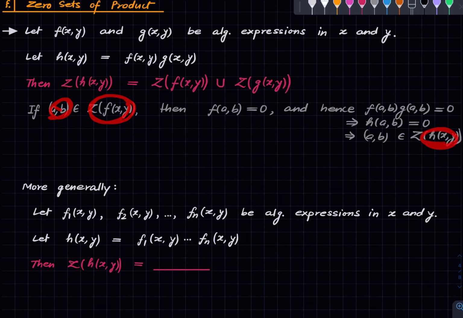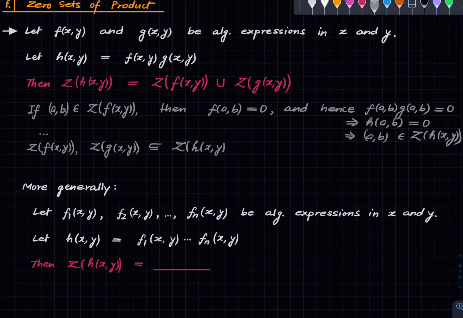Similarly, if you have something in the 0 set of g, it will also lie in the 0 set of h. So what we have shown so far is that the 0 set of f as well as the 0 set of g are both contained in the 0 set of h, which means the union of the 0 sets, and let me be a little bit lazy, I will not write f(x, y), I will just write f.